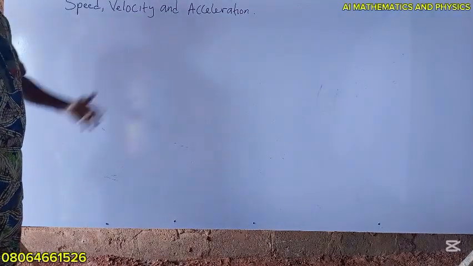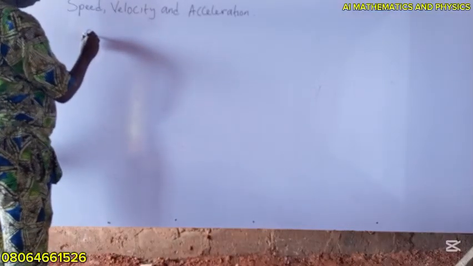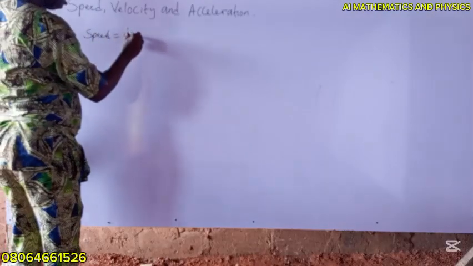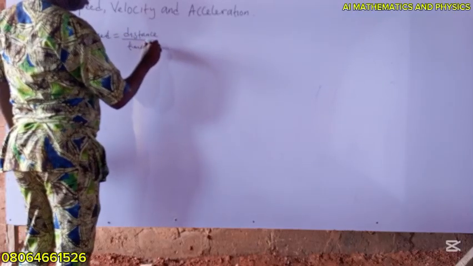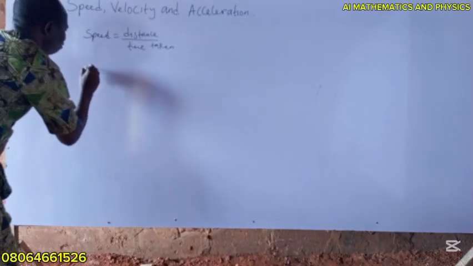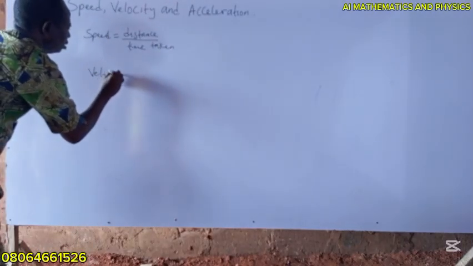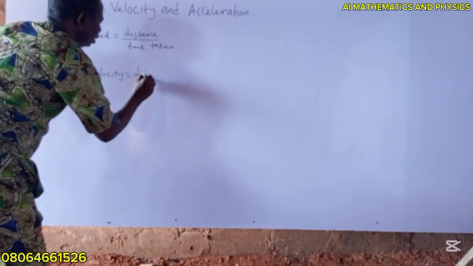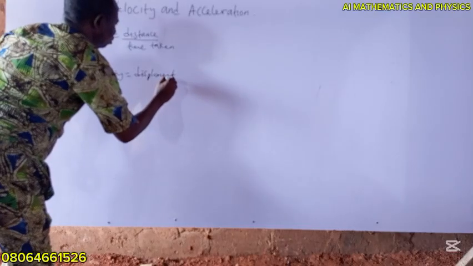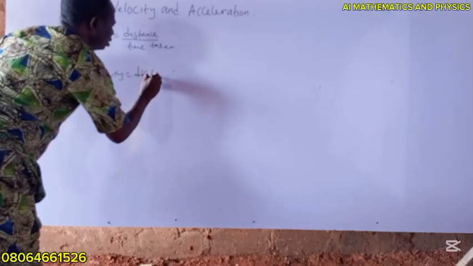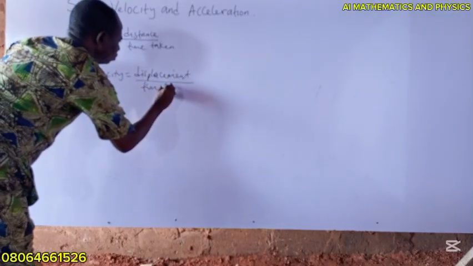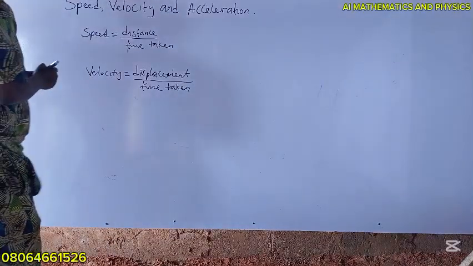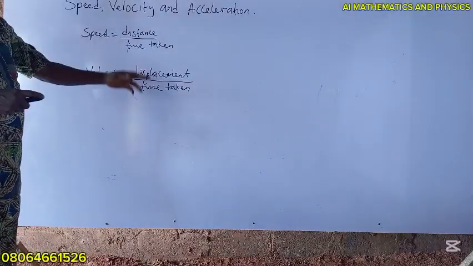Speed, velocity, and acceleration. Speed is distance over time taken, while velocity is displacement over time taken.